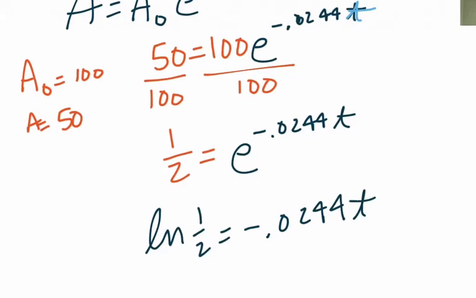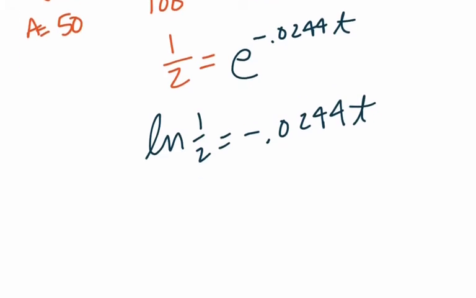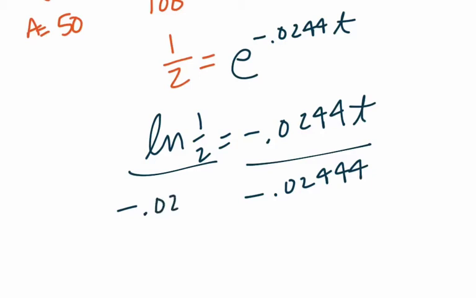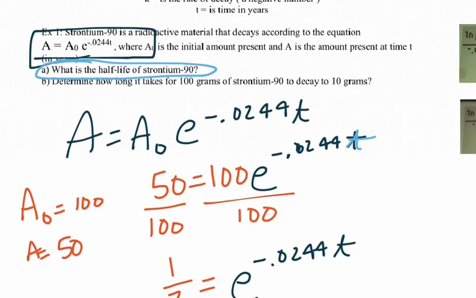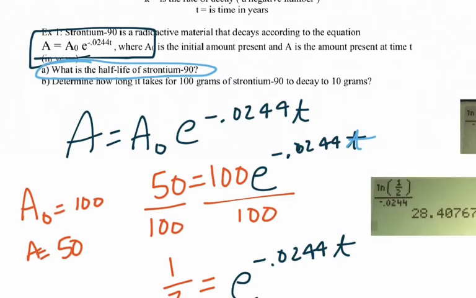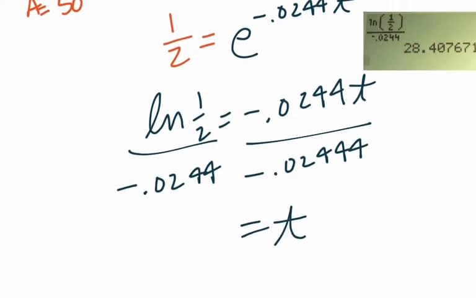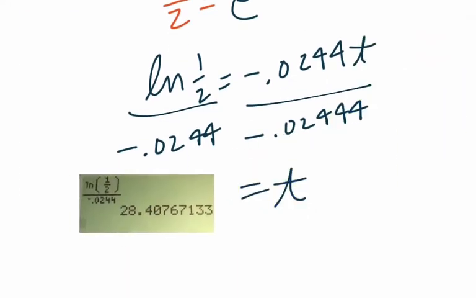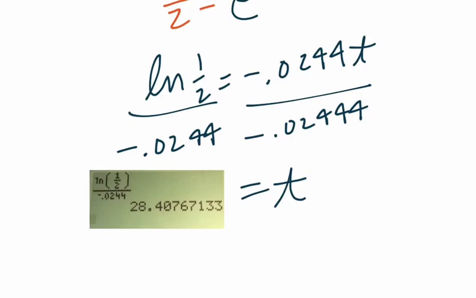And in order to solve this for t, we're going to divide by negative 0.0244. And then in order to solve this accurately, we're going to actually type it into our calculator. Now, I've actually done this earlier, and I have this written in the calculator. So we wind up with the following: ln of a half divided by negative 0.0244.